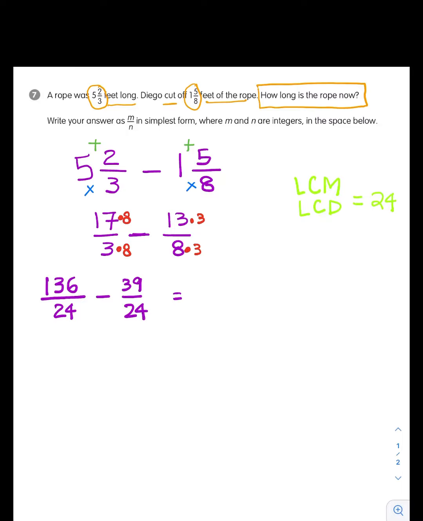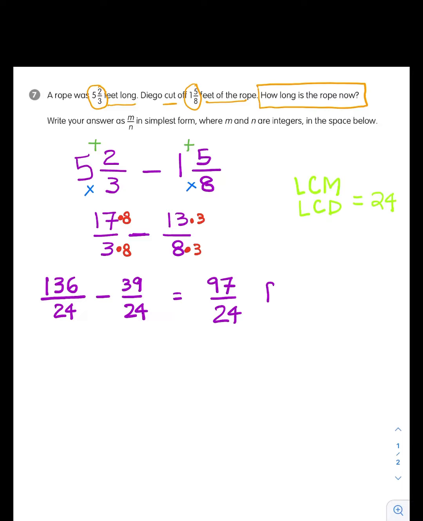What is 136 minus 39? Did you get 97 over 24? Okay, 97 over 24. Now this here is as simple as possible. There is nothing that we can do to simplify this.